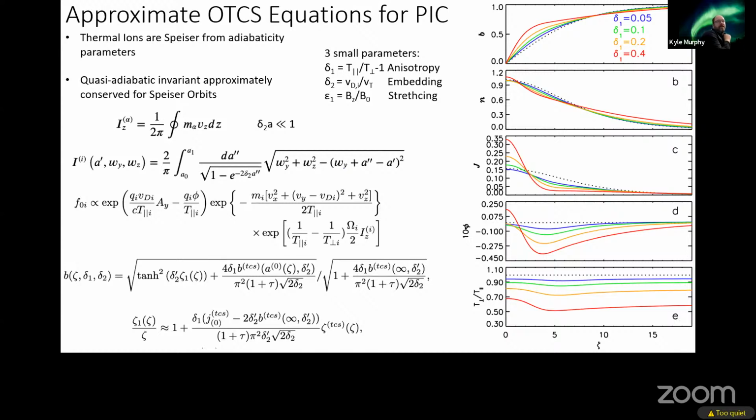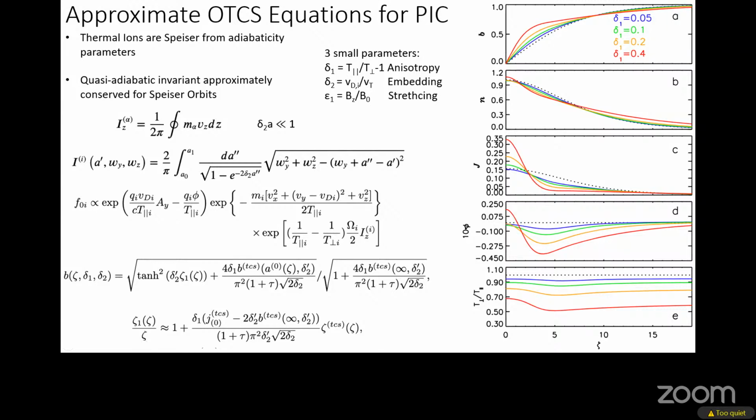And Misha finishes that you guys are still trying to figure that part out. Yeah, absolutely. It's a great question, but Misha's right, we don't have the answers right now, although we are looking into it. And delta 2 certainly plays a big role because it controls how embedded the thin current sheet is in your thicker current sheet.